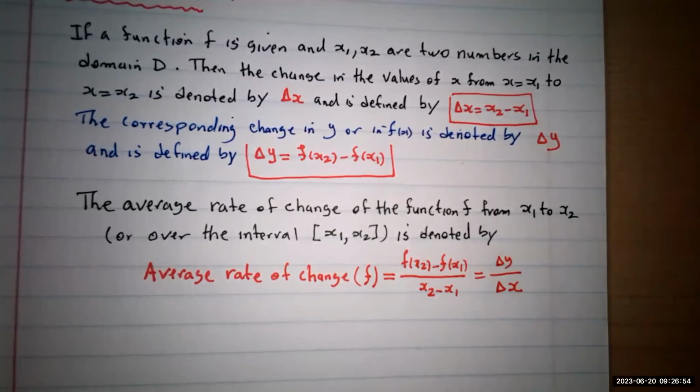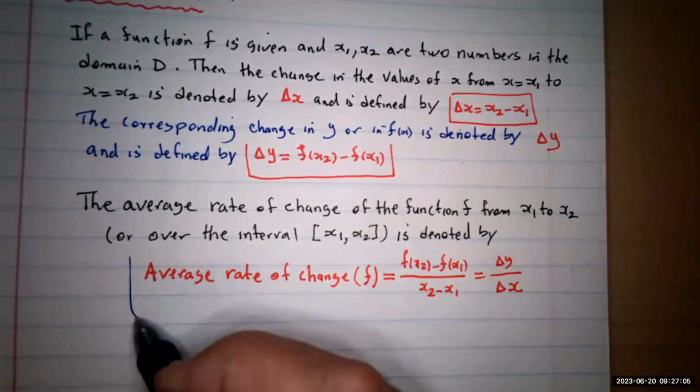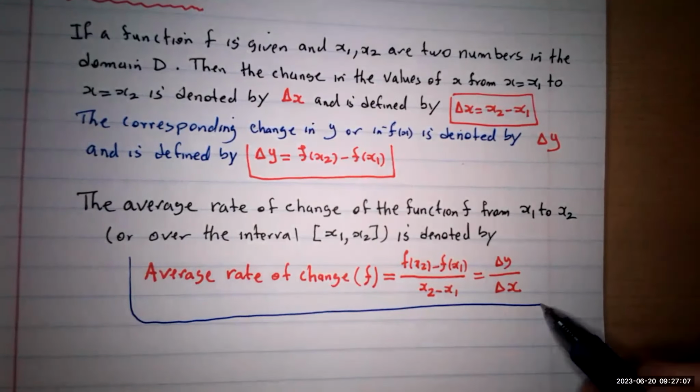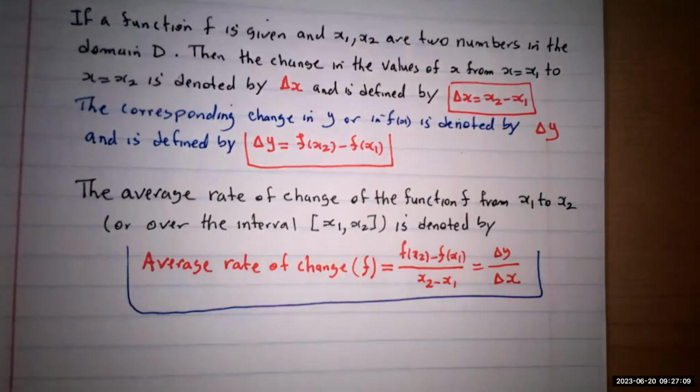Or in the case of a straight line, it's the popular version of the rise over run that we are going to extend here. Okay, so that would be the formula for the average rate of change.